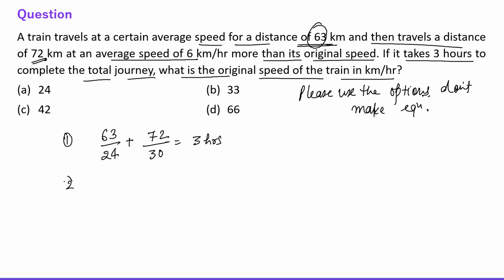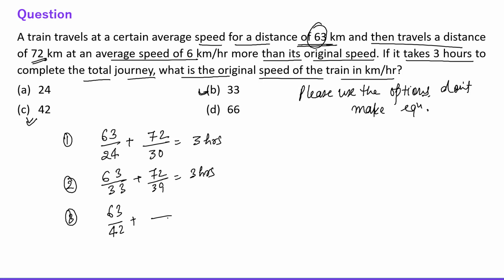For the second option, 33, so 63 divided by 33 plus 72 divided by 39 is equal to 3 hours. For the third option, 42, so 63 divided by 42 plus 72 divided by 42 plus 6, which is 48, is equal to 3 hours.